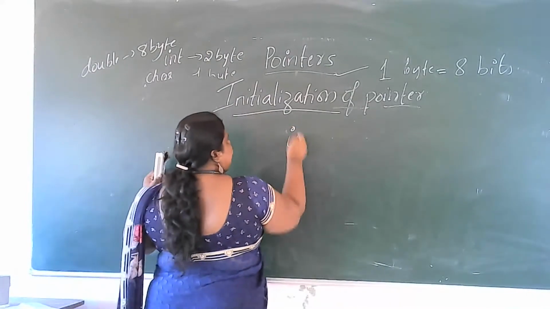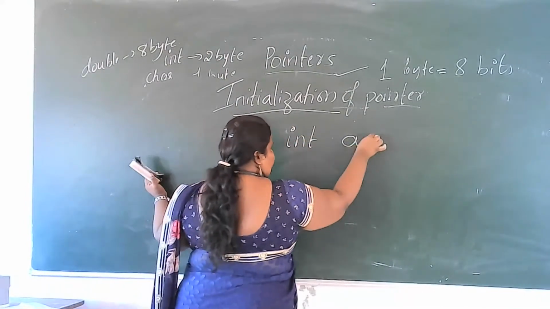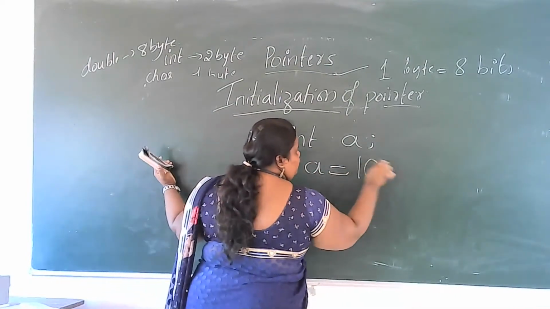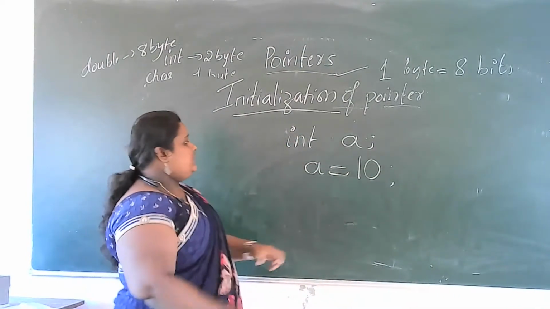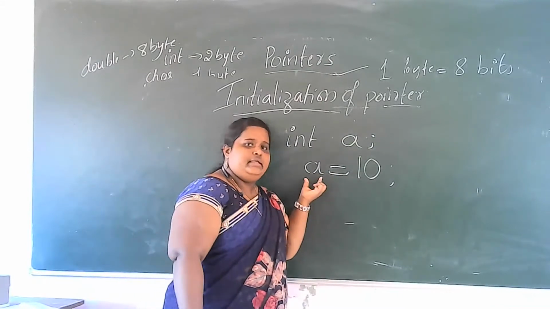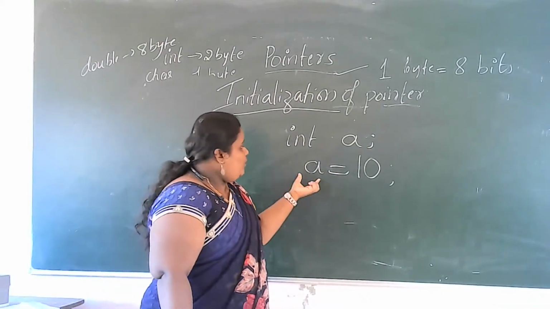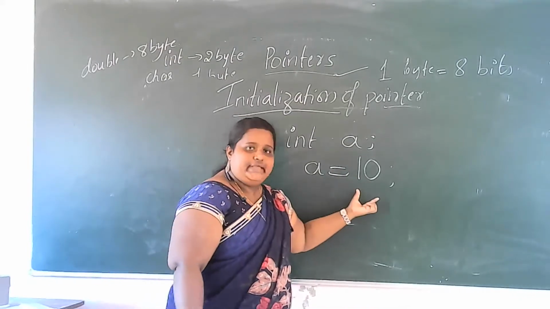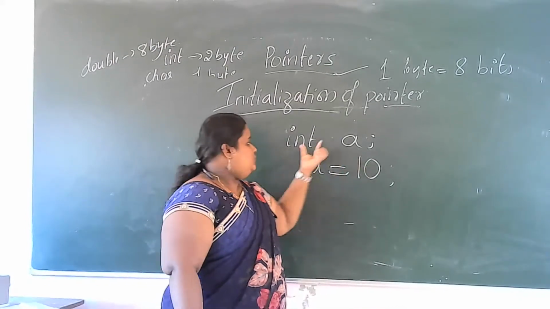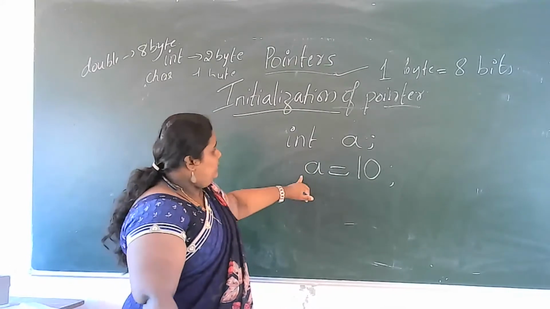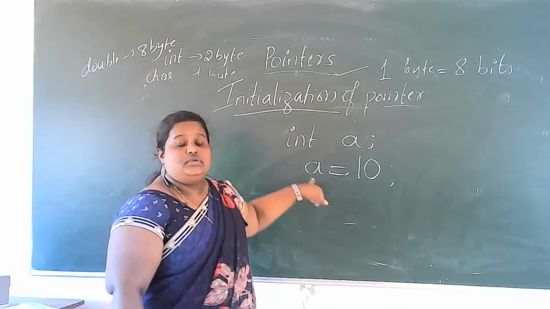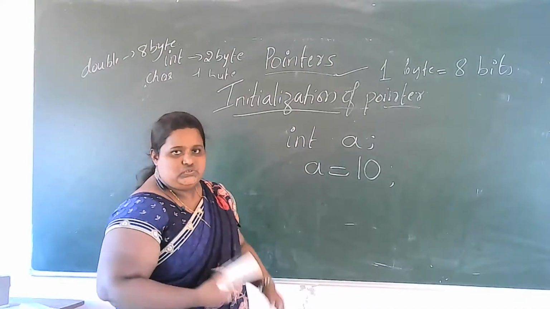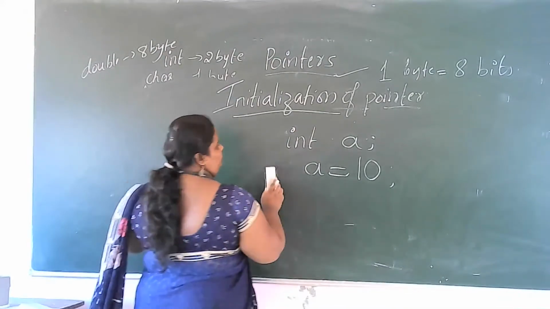For example, if we declare int a, a normal variable, we initialize it with a equal to 10, which means 10 is stored in A. A normal variable is used to store a value.